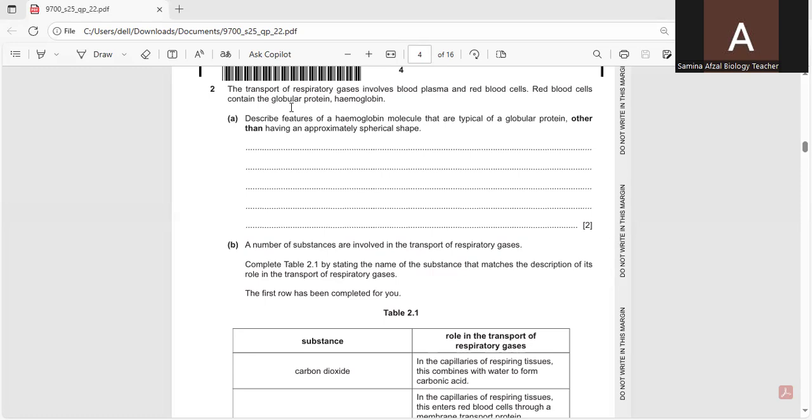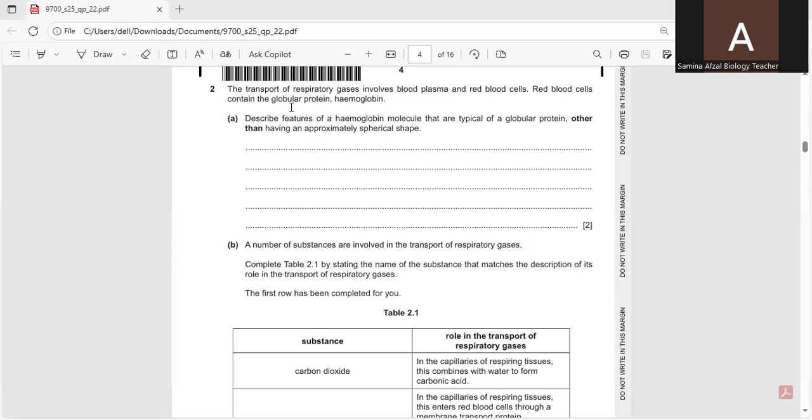So a very simple question, that is we have to describe the features of the hemoglobin molecule. As you know, this is a globular protein. Hemoglobin is a classic example of a globular protein, and it possesses the following features.